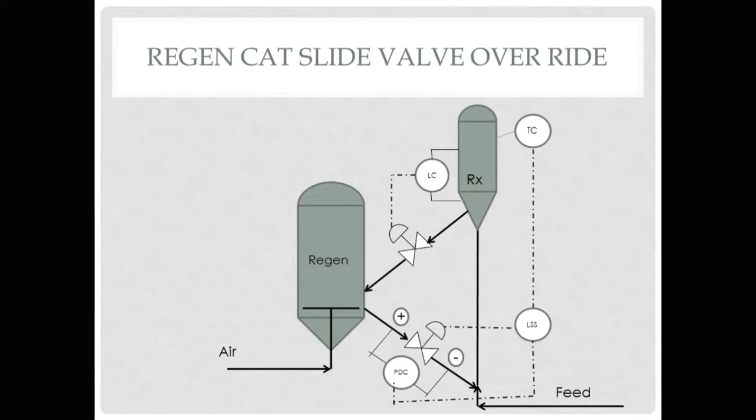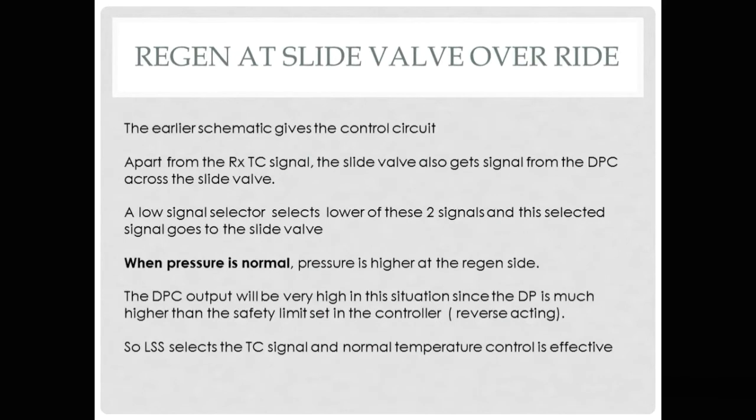This low signal selector selects the lower of the signals, whether it is the temperature control or the differential pressure controller, and that goes to the slide valve.